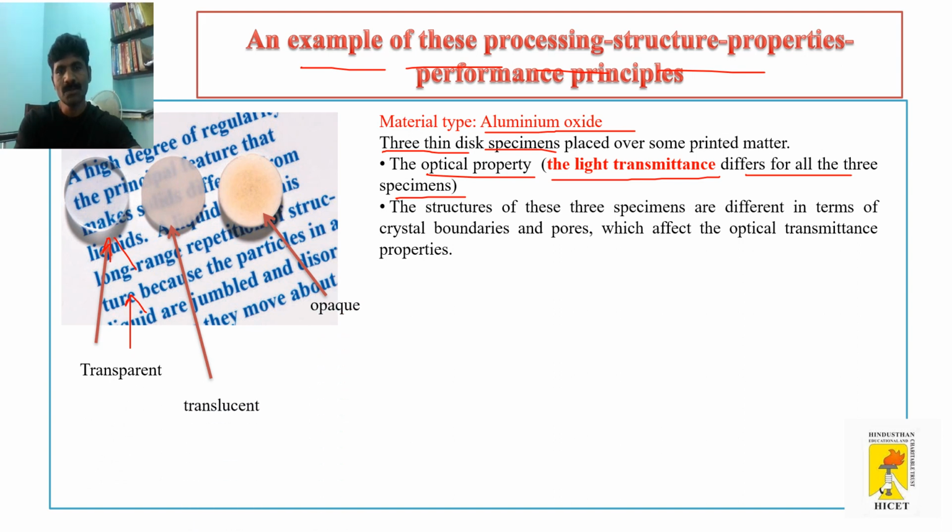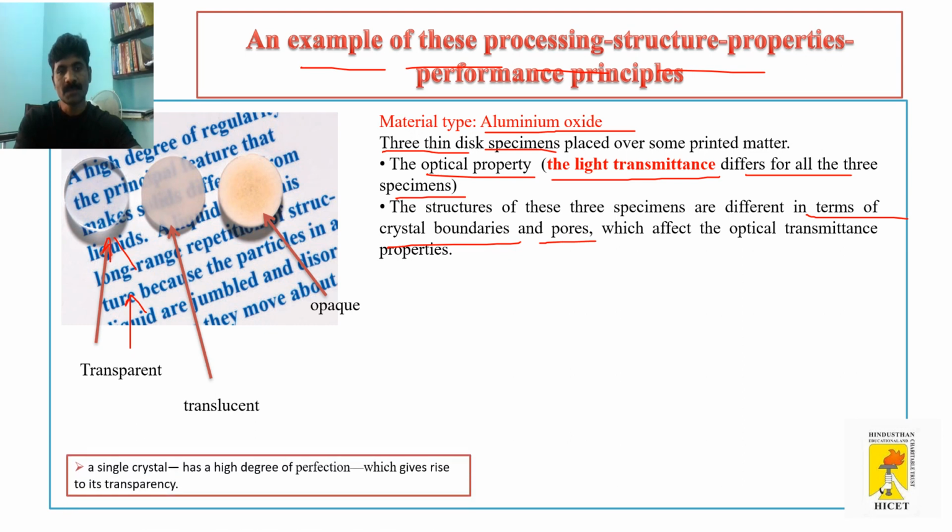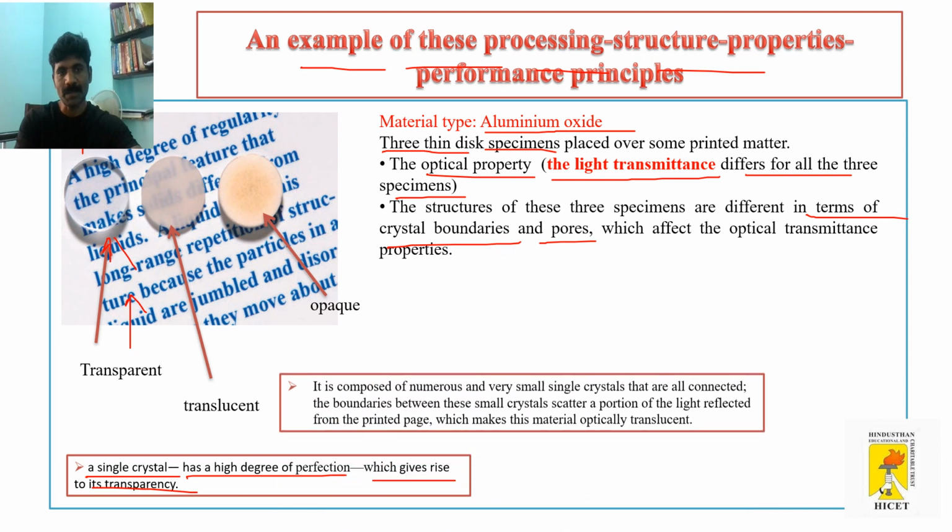This is purely due to the structure of the material. The structure of these three specimens is different in terms of crystal boundaries and pores. The first disc, which is completely transparent, is due to a single crystal structure which has a high degree of perfection, which gives rise to its transparency.